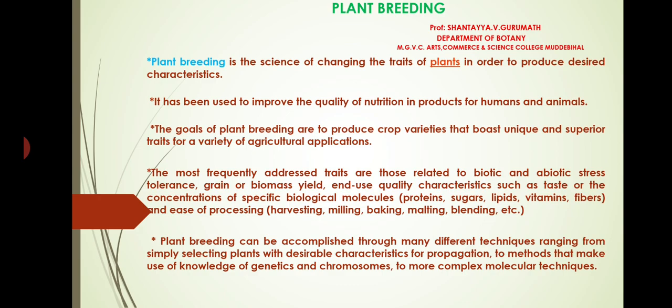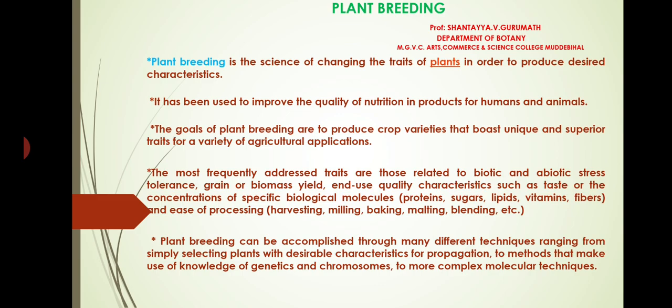The most frequently addressed traits are those related to biotic and abiotic stress tolerance, grain or biomass yield, end-use quality characteristics such as taste or the concentrations of specific biological molecules like proteins, sugars, lipids, vitamins, fibers, and the ease of processing, harvesting, milling, baking, malting, and blending etc.